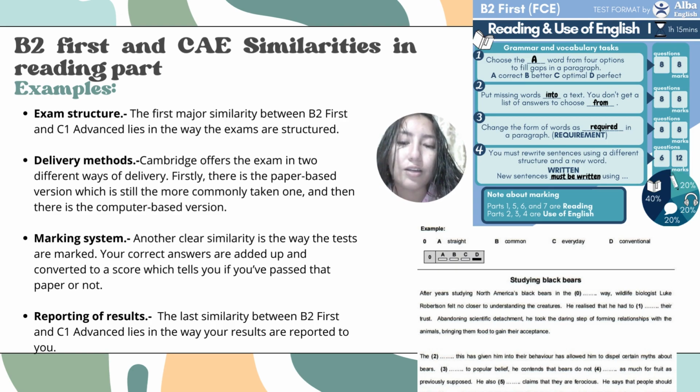Finally, the reporting of the result. The last similarity between B2 First and C1 Advanced lies in the way your results are reported to you. In order to get your score, the examiner has to add up all the correct answers and convert everything to a score that falls somewhere on the Cambridge scale.